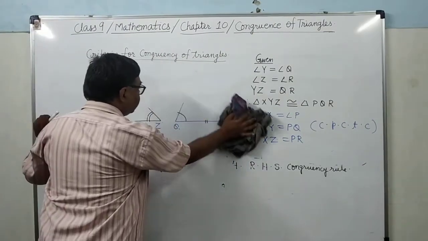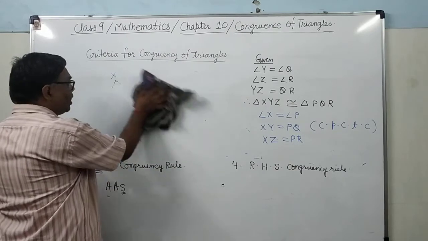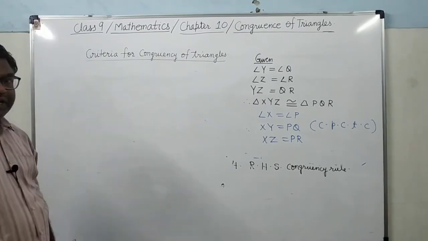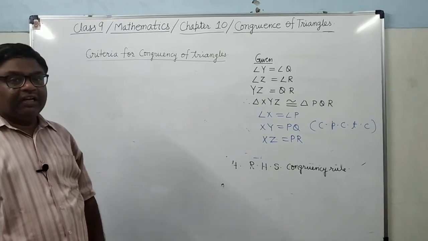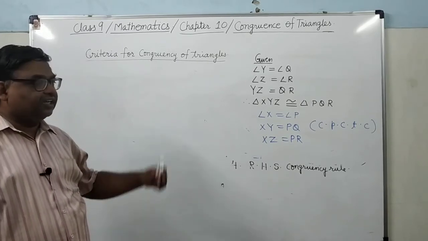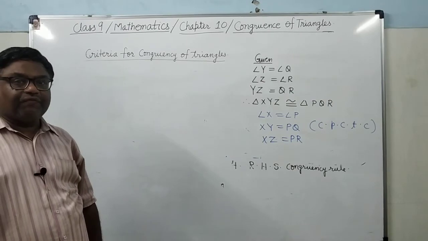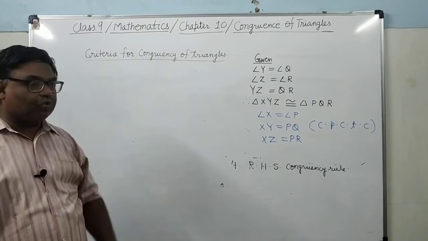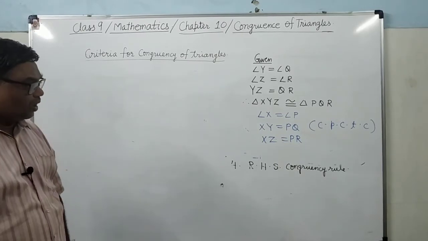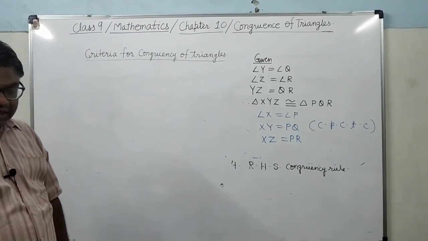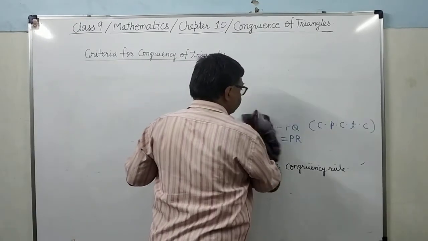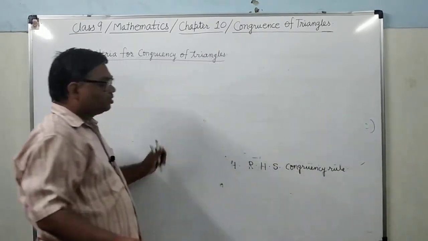While the remaining three can also apply for right angle triangles, means triple S, ASA and SAS. They can apply for right angle triangles also. But RHS congruency rule applies only for right angle triangles, not to any other triangle. It is clear? So what is the RHS congruency rule?